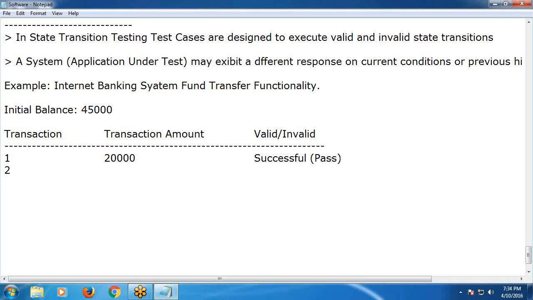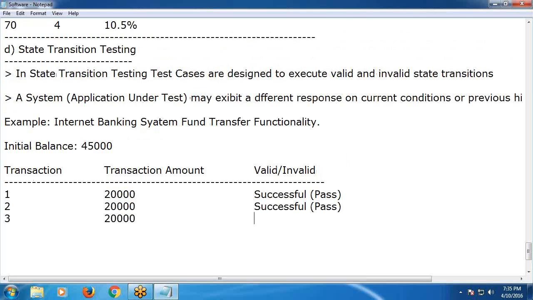Next, second transaction, same input 20,000, successful. Pass. Next, third transaction, same input 20,000.